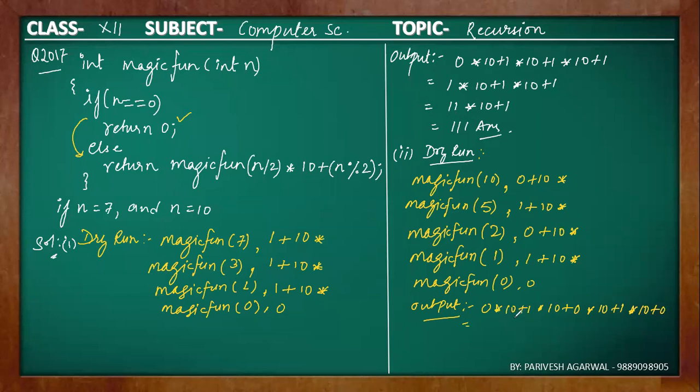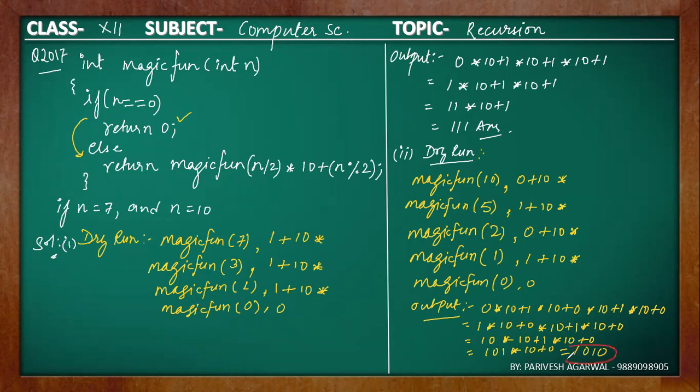Let's calculate: 0 times 10 is 0, 0 plus 1 is 1. 1 multiply 10 plus 0: 1 times 10 is 10, plus 0 is 10. 10 multiply 10 plus 1: 10 times 10 is 100, plus 1 is 101. So 101 multiply 10 plus 0: 101 times 10 gives you 1010, plus 0 is 1010. So this is the final output.